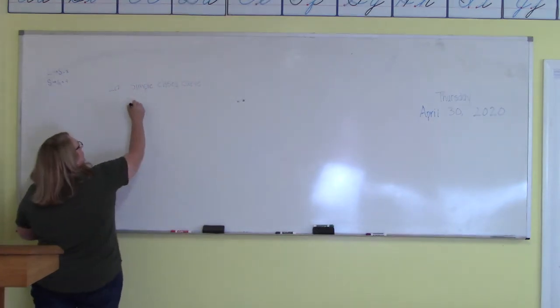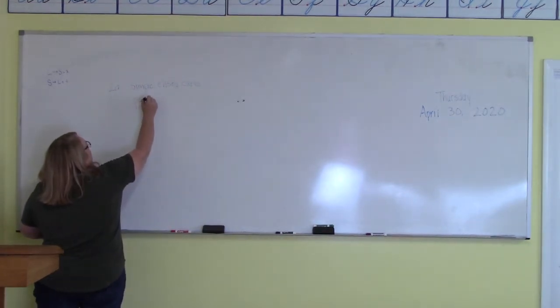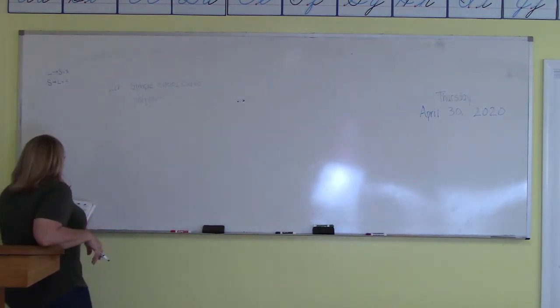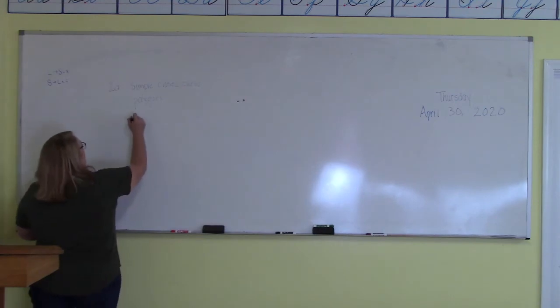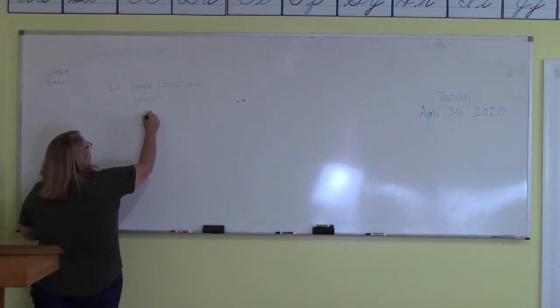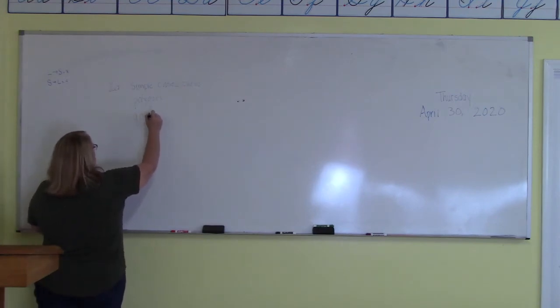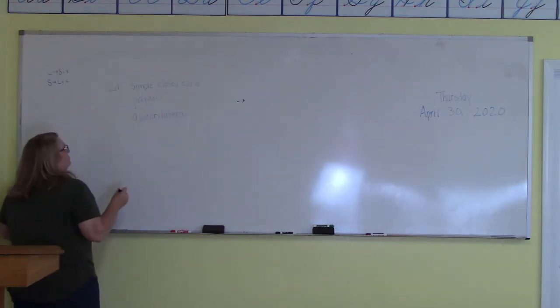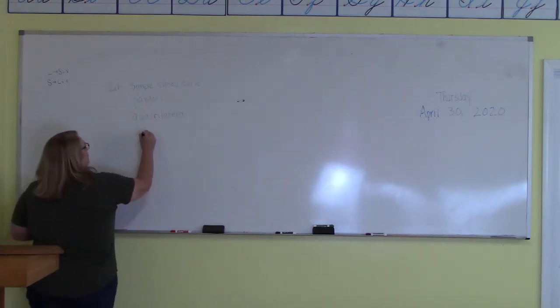It's a polygon because it uses line segments to draw the shape. It's a quadrilateral because it has 4 sides. And the name of the shape is a trapezoid.